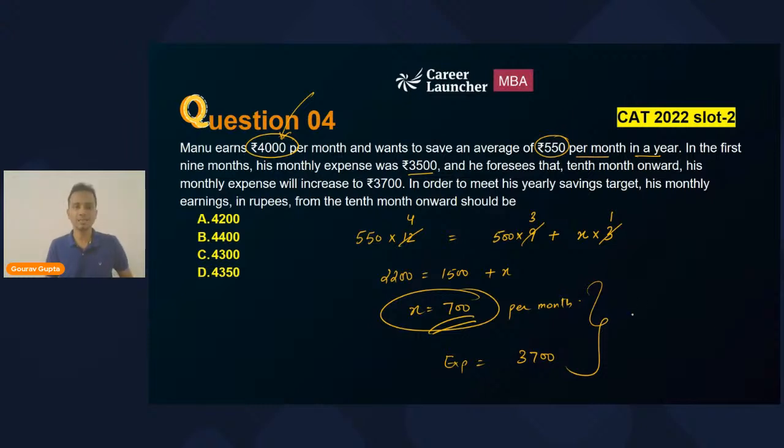His income will have to increase. So now income should be 3,700 plus 700, that is 4,400, and this is the same thing that the question is asking. Okay, so in order to meet his yearly saving target, his monthly earnings in rupees from the 10th month onward should be how much? So it should be rupees 4,400 per month.